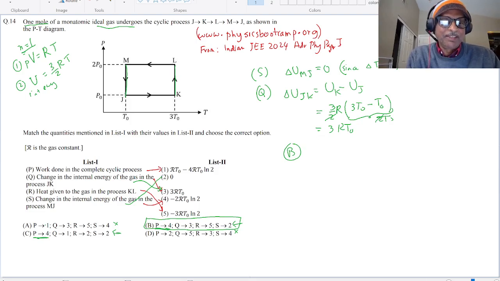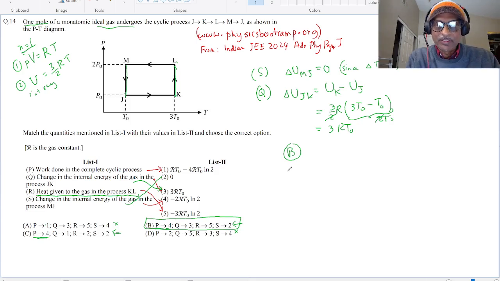But if you wonder whether I made any mistake, you may want to work it out. The heat given to the gas in the process K to L. For K to L, the pressure is increasing and the volume will be different also.